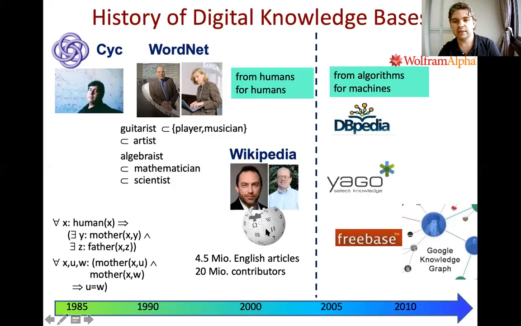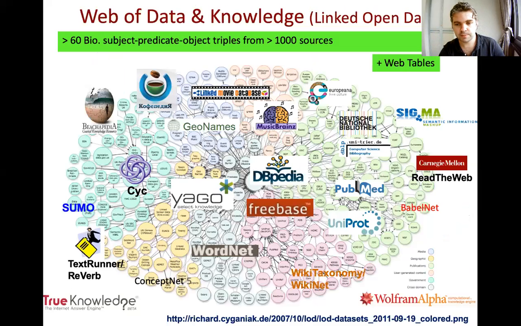So knowledge graphs were created for humans and by humans in the past. Basically, they were human-created knowledge graphs, or maybe machine-assisted, like Wikipedia, where it's collaborative and everybody tries to create it together. And then, of course, we also have knowledge graphs created by machines in later stages.